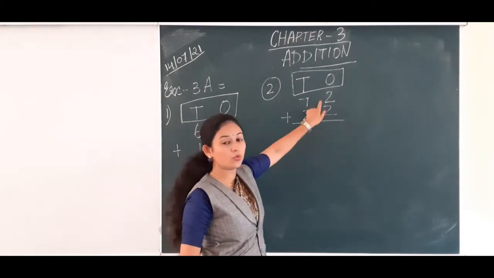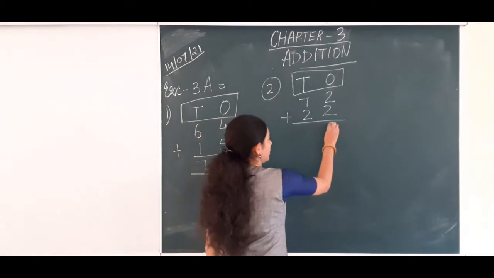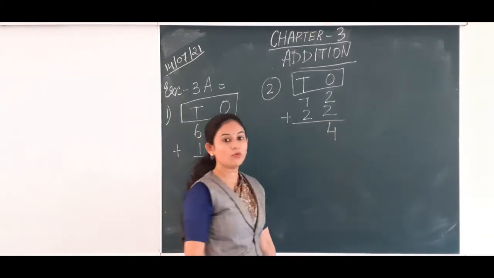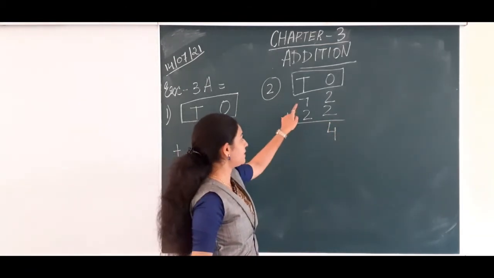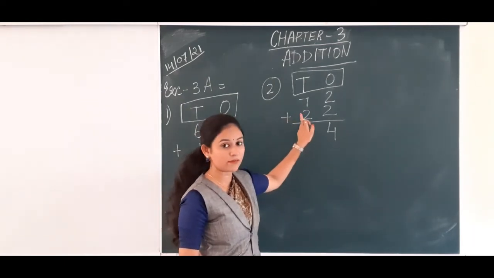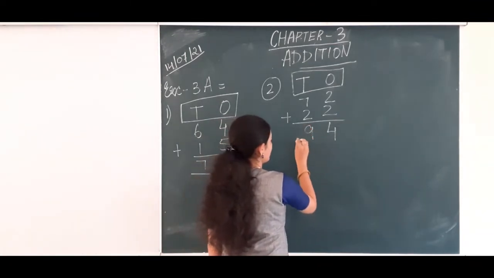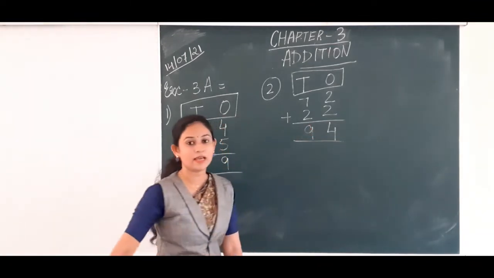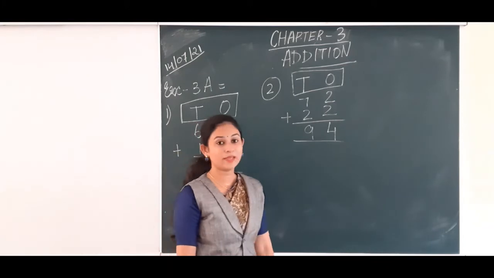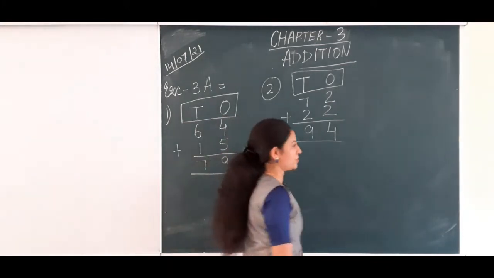Here you can see 2 plus 2 is 4. Next, the tens column, 7 plus 2 is 9. So we got the sum 94.